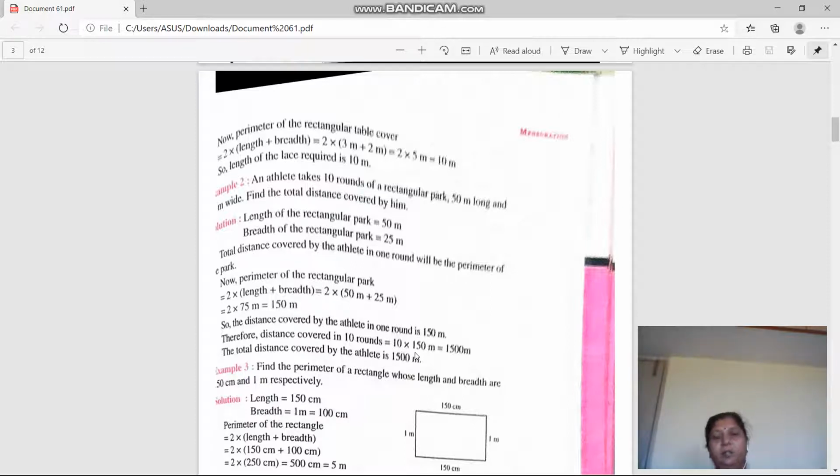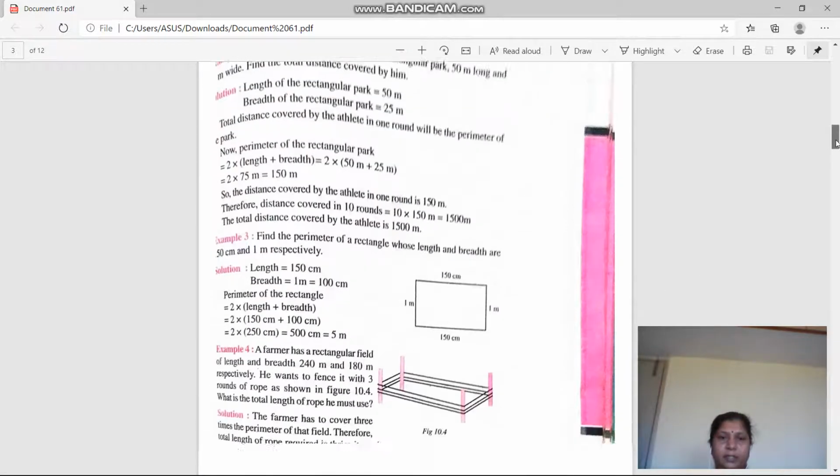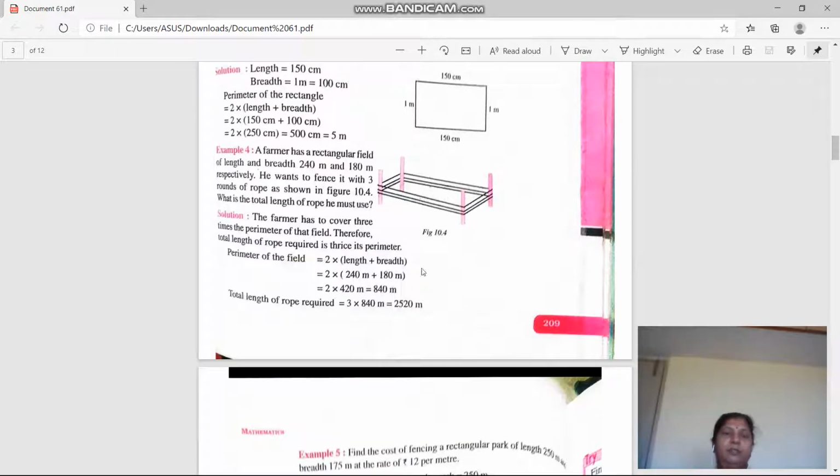So, 10 multiplied by 150, we get 1500 meter. Clear? Now, next. Here we also have to calculate the perimeter. The fourth example is just like the athlete. First, we calculate the perimeter and multiply by 3 because it has 3 rounds.